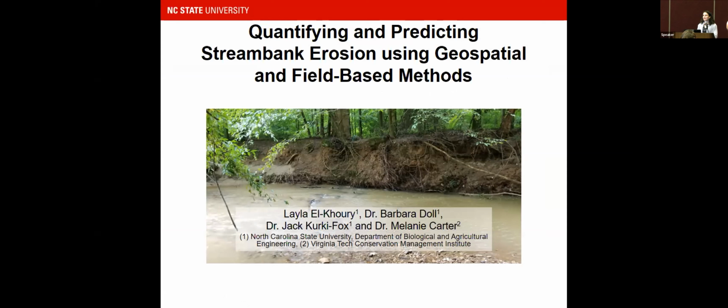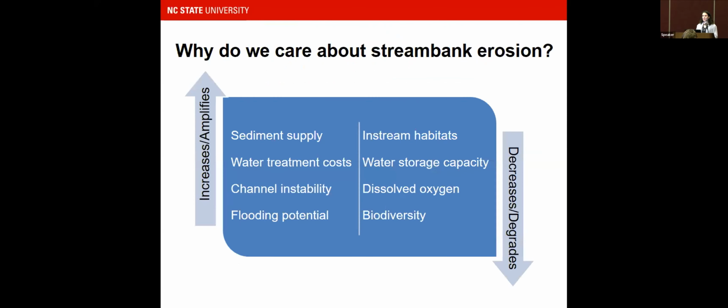Today I'll be talking to you all about quantifying and predicting streambank erosion using geospatial and field-based methods. As I'm sure many of you know, sediment is one of the top 3 pollutants in rivers and streams, and it leads to a lot of negative consequences, while the excess sediment in the water leads to an overall decrease in our stream health.